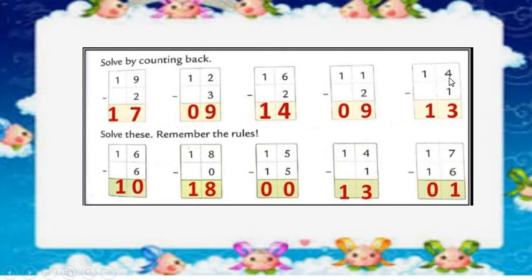Start with the bigger number. 14 is the bigger number. Keep it in your mind. Go back one step. Before 14, there comes 13. So 13 will be our answer, which we have to copy in this box. 14 minus 1, we get 13.